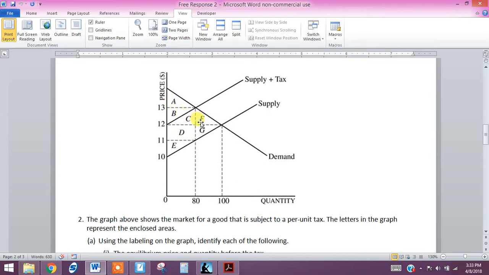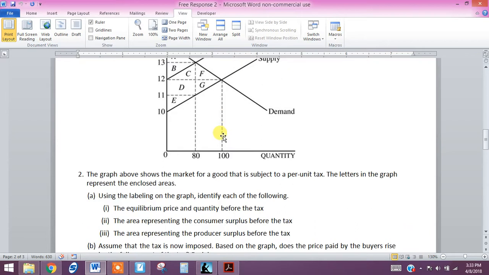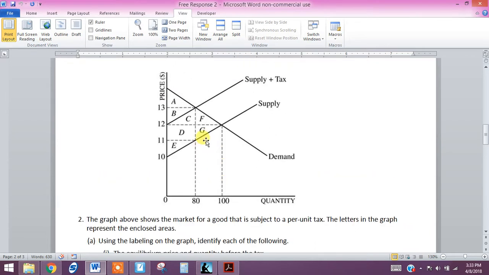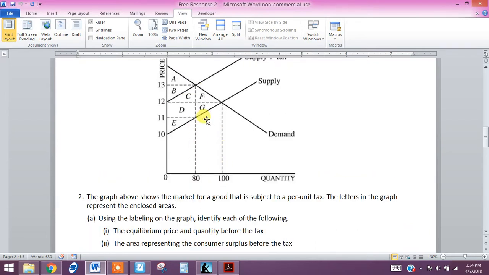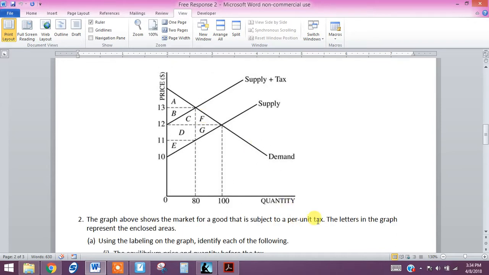They're all triangles except for D, right? Okay. Now let's get started here, using the labeling on the graph. Also it's important to know this is a per unit tax, so that's going to shift our marginal cost curve to the left.